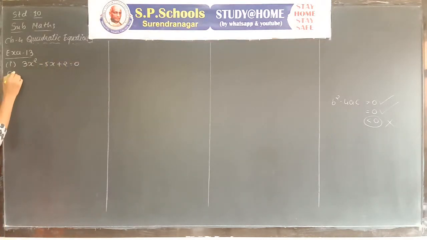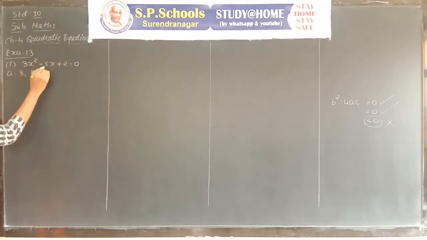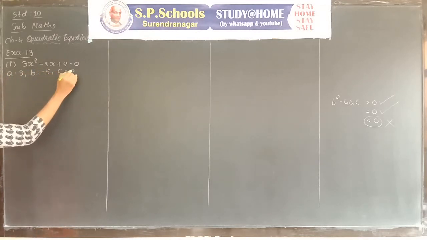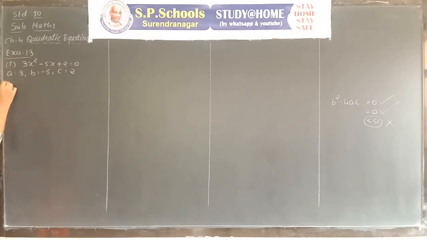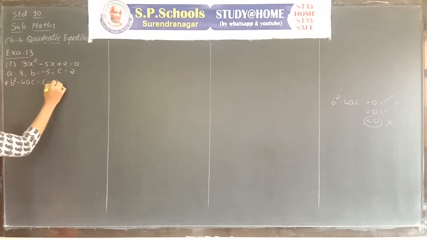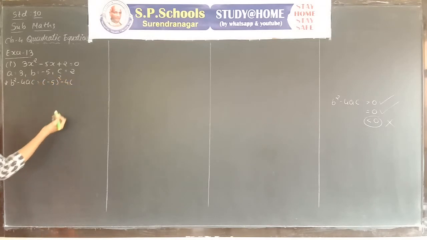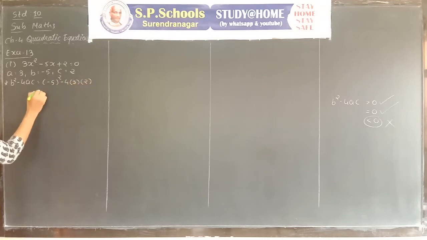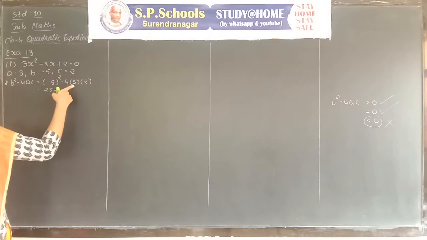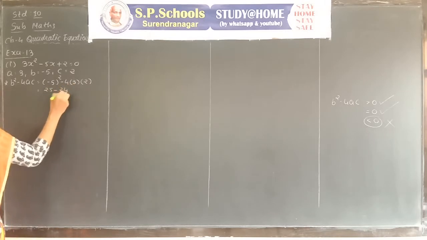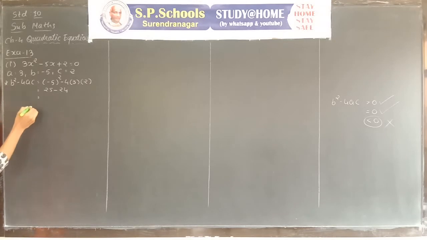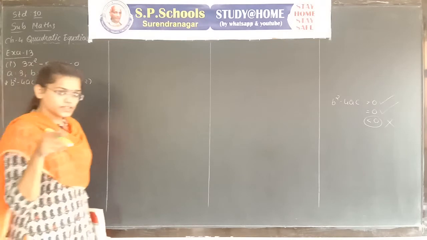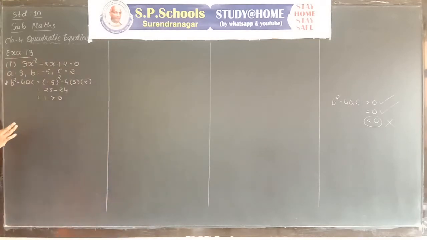The value of a is 3, the value of b is minus 5 and the constant term c is equal to 2. b square minus 4ac is equal to minus 5 square minus 4 times 3 times 2. 25 minus 4 3s are 12, 12 2s are 24. 25 minus 24 is equal to 1. Here 1 is greater than 0. The value of the discriminant is greater than 0, which means this equation has two distinct roots.